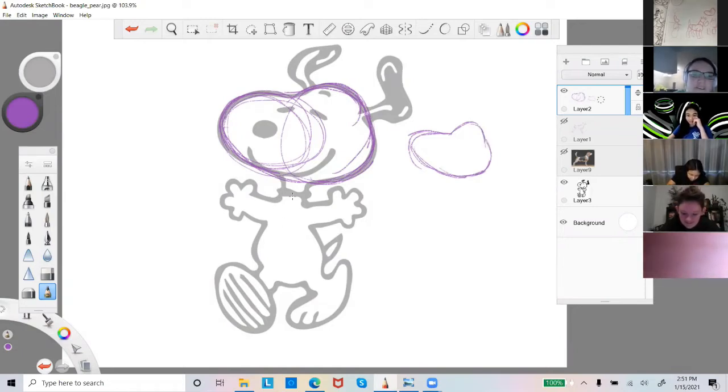So you could simplify the body the way we've been doing, where he has a pear kind of like this. You guys see that? And then he has more human looking arms and legs where they stick out.